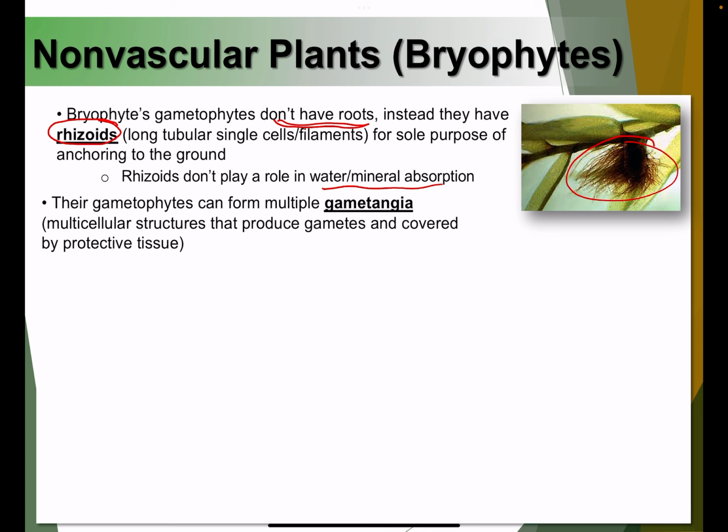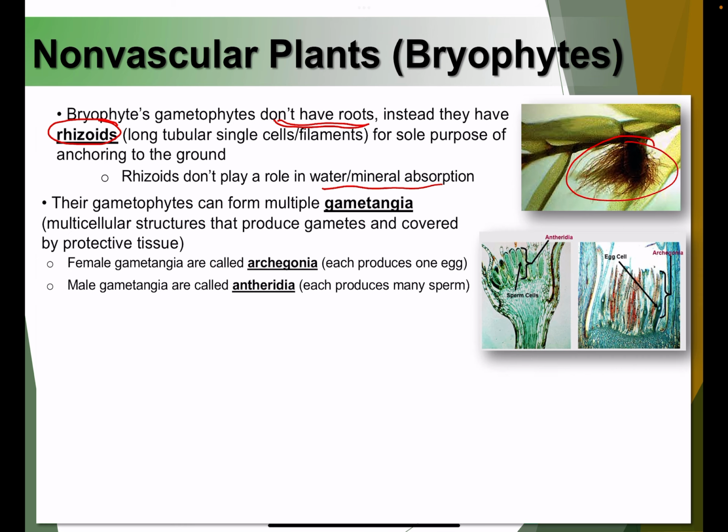Gametangia are multicellular structures that produce gametes and are covered by protective tissue of some sort. So female gametangia are called archegonia, which actually produce only one egg at a time.